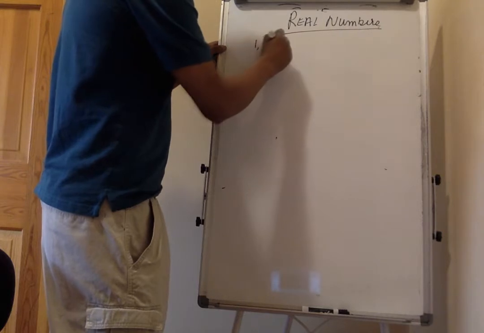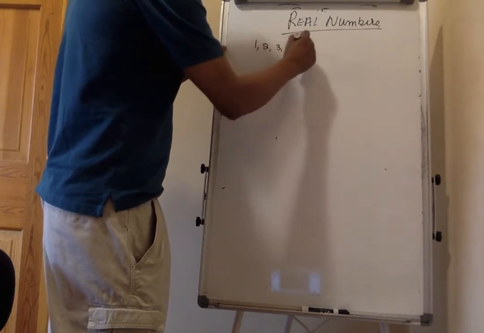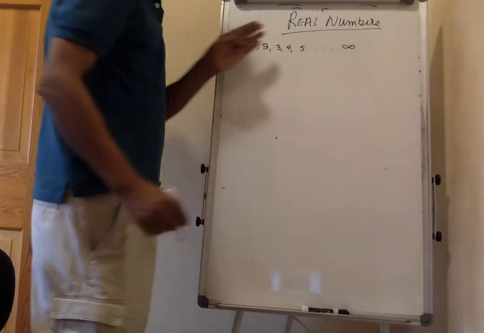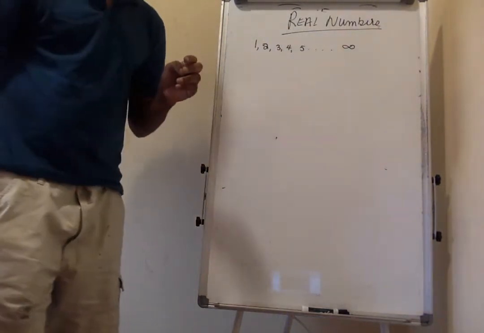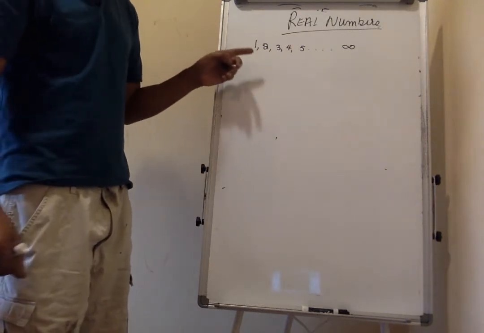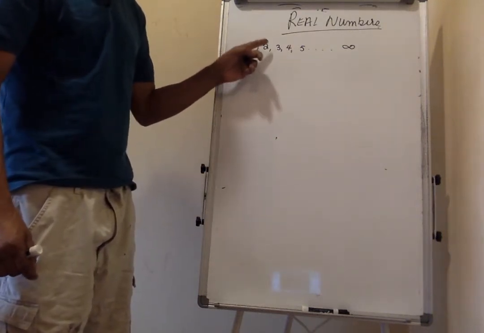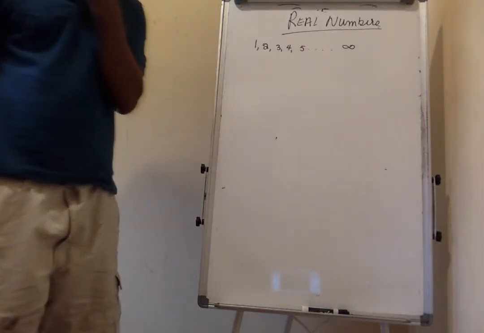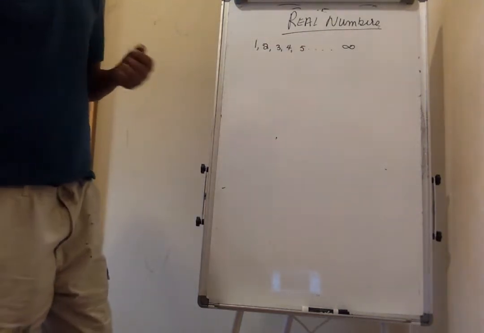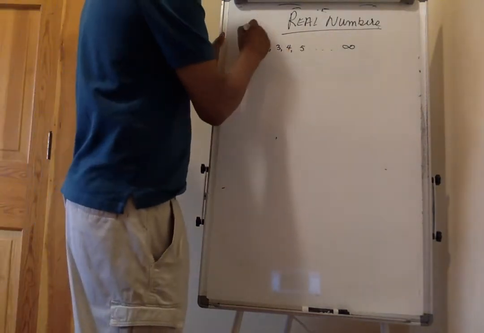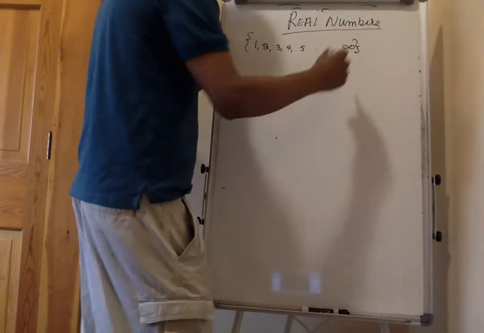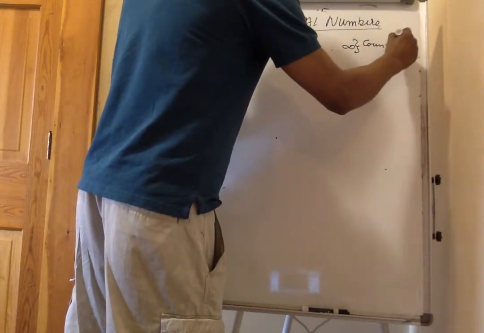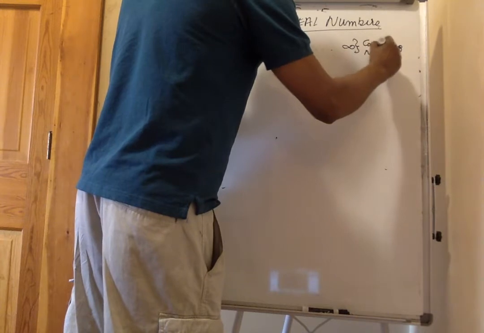We need to define, and then this goes all the way to infinity. So meaning what? I'm writing now numbers that start from 1 and jump to 2, 3, 4, 5 and go up to infinity. This set of numbers, we call them counting numbers.